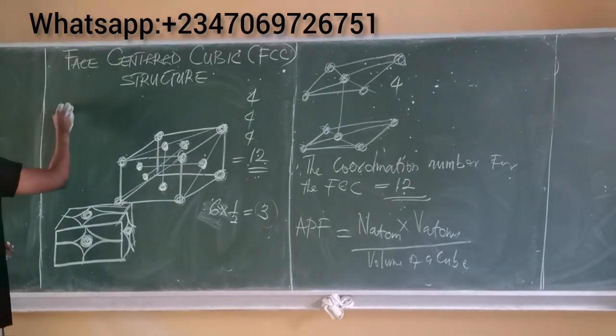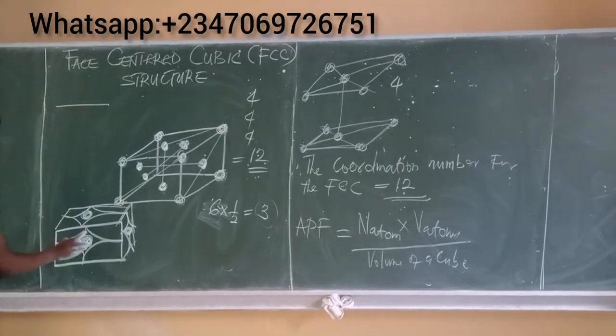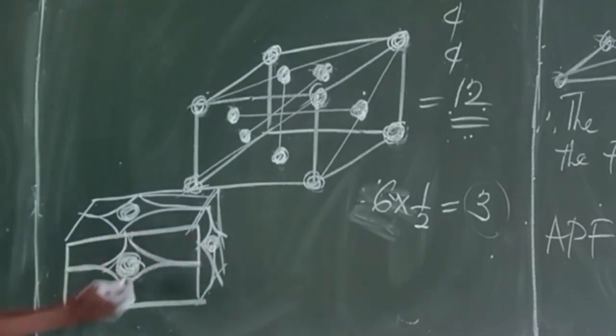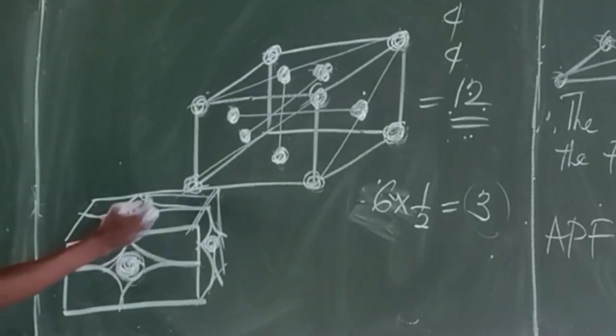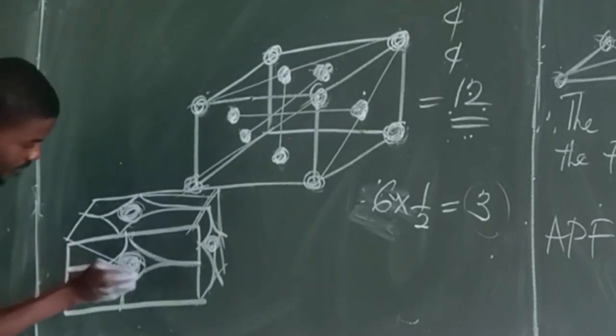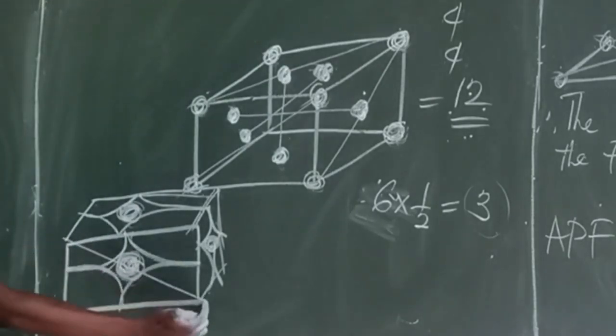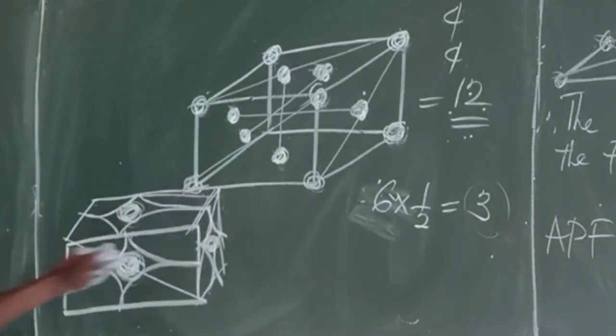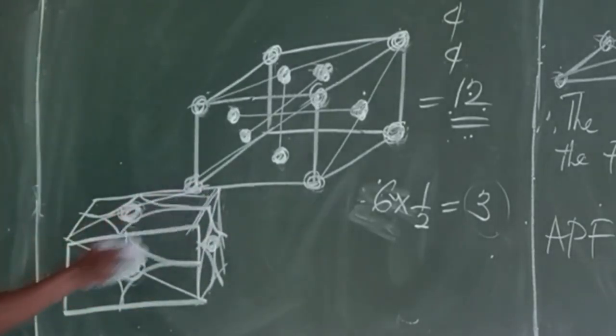So it's simply something like this. It was explained here earlier. This particular atom, of course, can come in contact with the central atom. All the atoms on this face can come in contact with the central atom. All the atoms on this face can also come in contact with the central atom. So their closely packed regions can always be diagonal. This is diagonal for each of the faces. We can also have this diagonally for each of the faces, and this can also be diagonal for each of the faces.